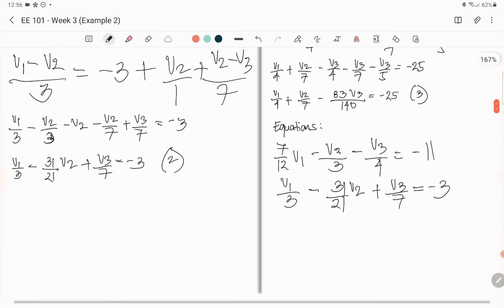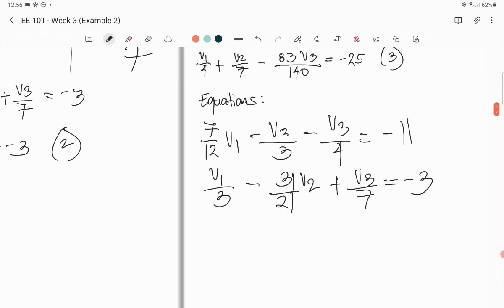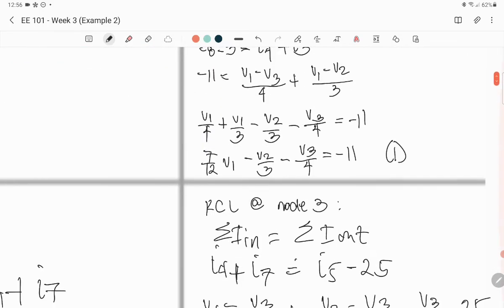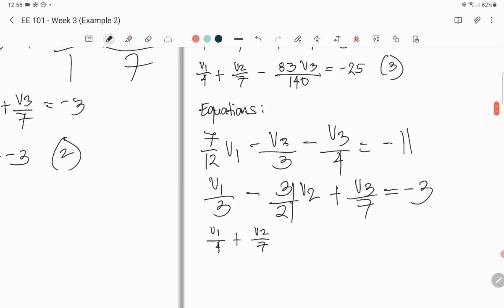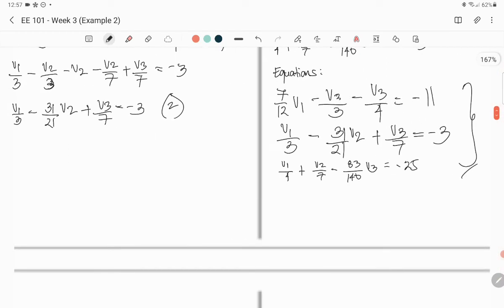And for the last equation, we have v1 over 4 plus v2 over 7 minus 83 over 140 v3 is equal to negative 25. Okay, so this will be the system of equations that we will be using to solve for the values of v1, v2, and v3.